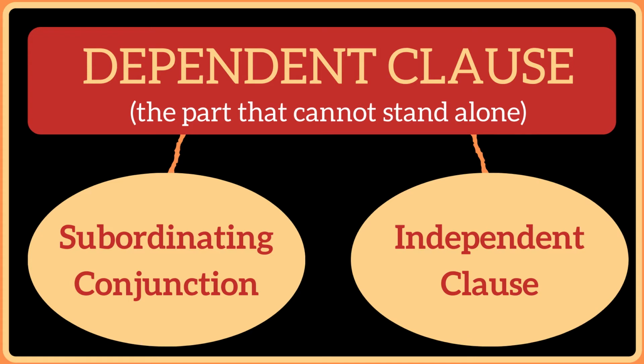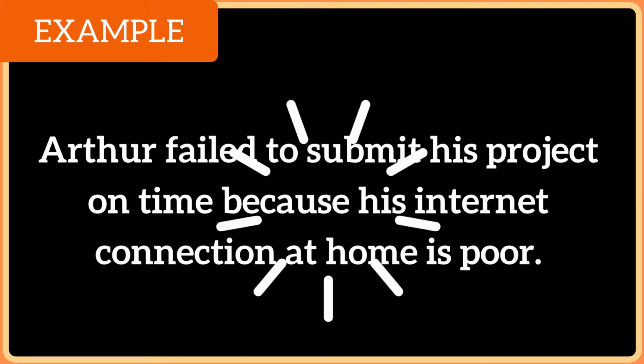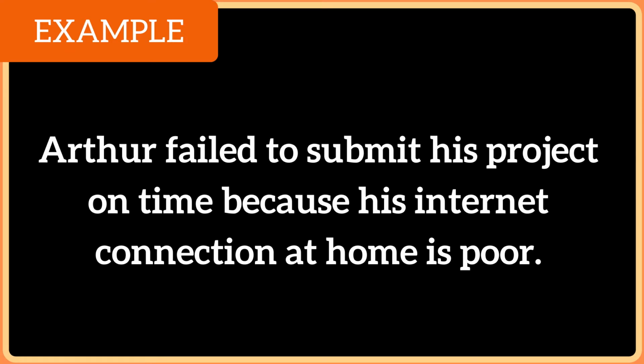Let us have an example. Arthur failed to submit his project on time because his internet connection at home is poor. In this sentence, there are two independent clauses. The first one is, Arthur failed to submit his project on time, while the second one is, his internet connection at home is poor.